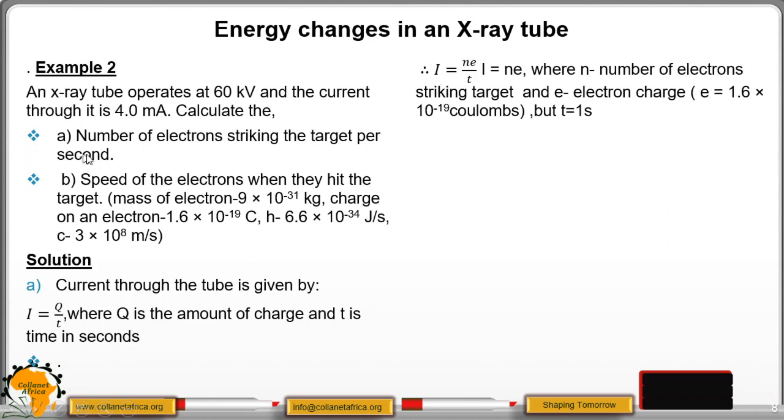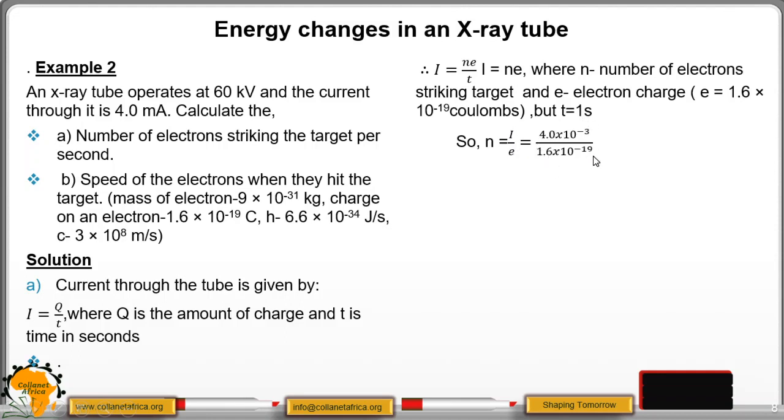But we have seen that we are calculating per second, the number of electrons striking the target per second. So our t is equals to 1 second, which implies that our formula here reduces to I is equals to Ne. So from there, we can be able to get N. N will be equals to I divided by e, where I is the current and e is the electron charge.